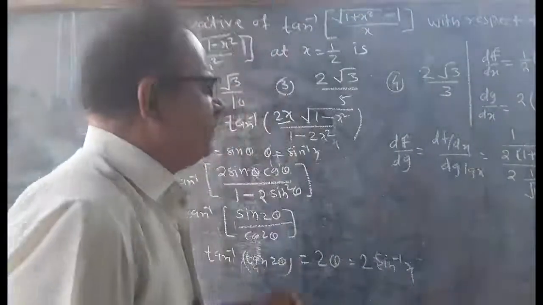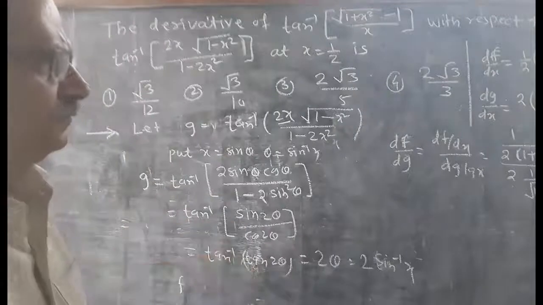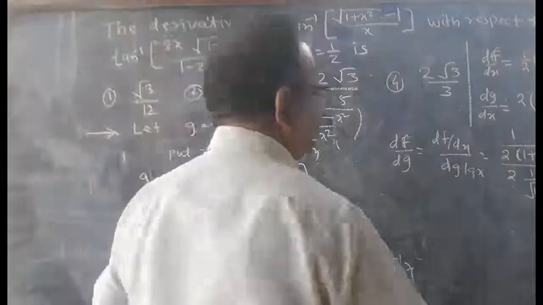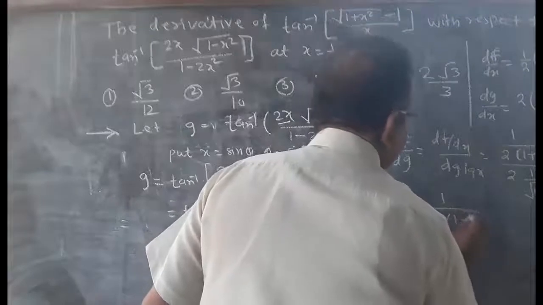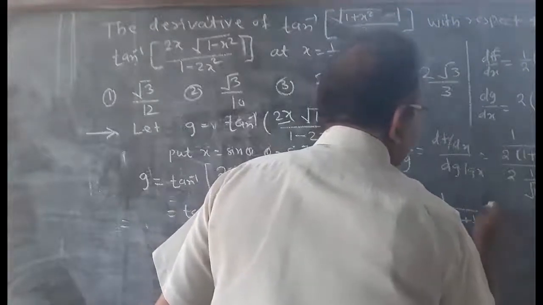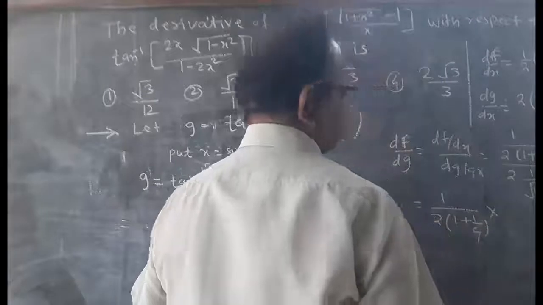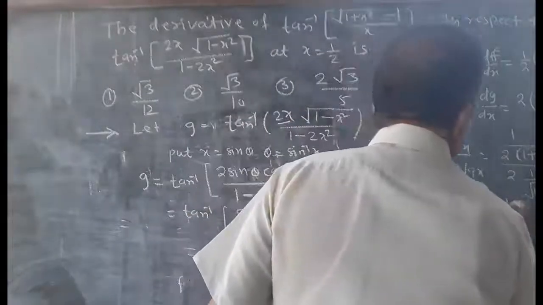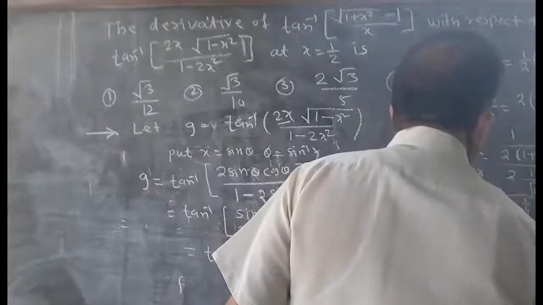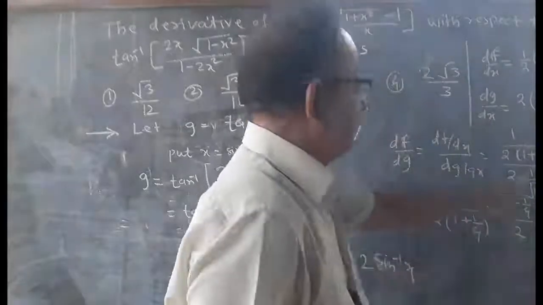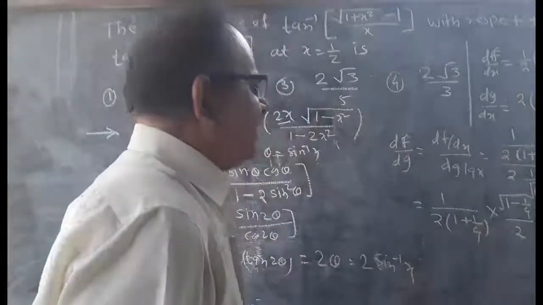We have to find out the value at x equal to half. Therefore, put x equal to half. This is equal to 1 by 2 into 1 plus 1 by 4, into root of 1 minus 1 by 4, divided by 2. Reciprocal of this will be root of 1 minus x square divided by 2.